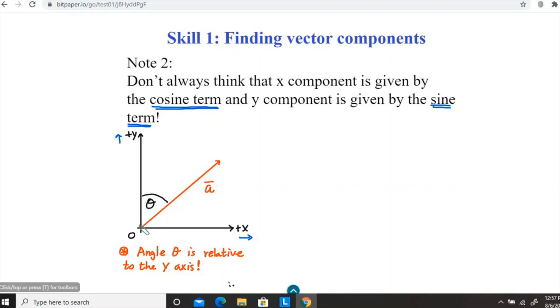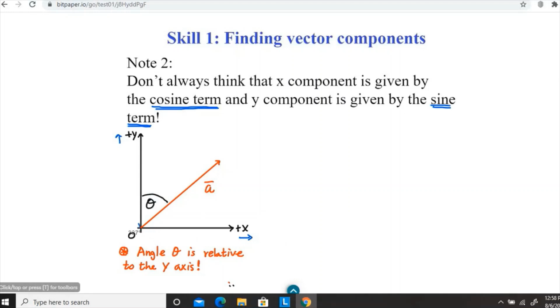And the third step is you have to construct a right angle where the magnitude of the vector represents the hypotenuse of the right angle and the remaining two sides represent the y direction and the x direction. So I'm going to draw the component vectors like this.